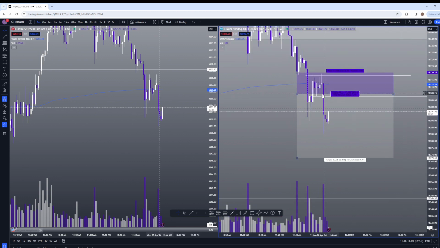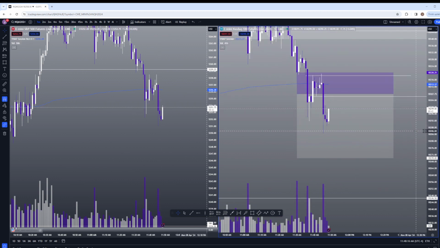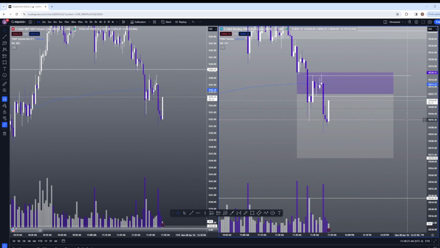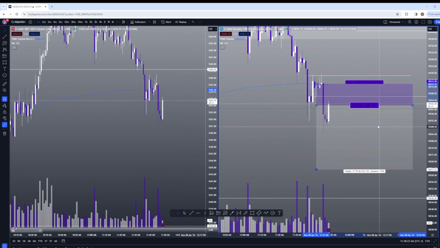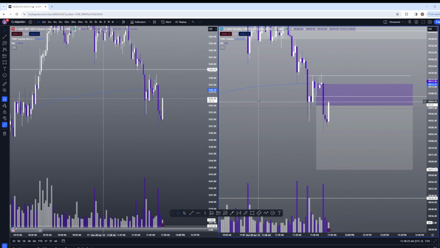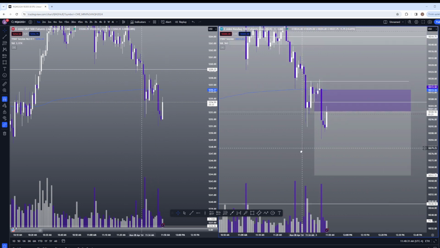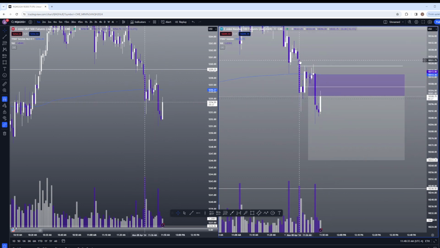Okay, we just formed another fair value gap here. See if we trade up into it. If we get a reaction off this fair value gap, I'll look for the shorts again. I want to see a reaction though. Don't want this to be the turning point where we head back up to the highs.